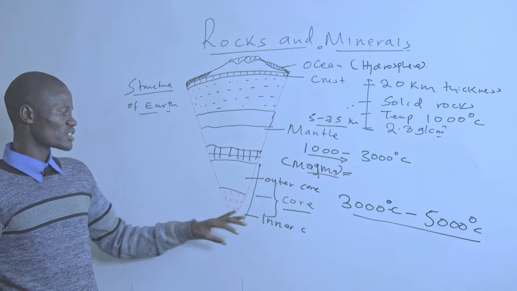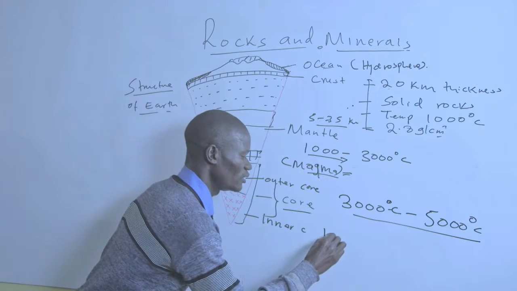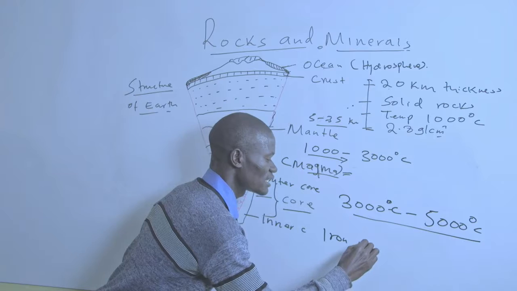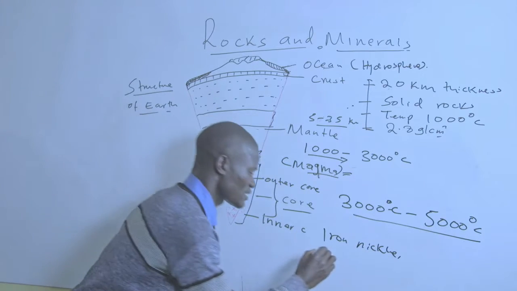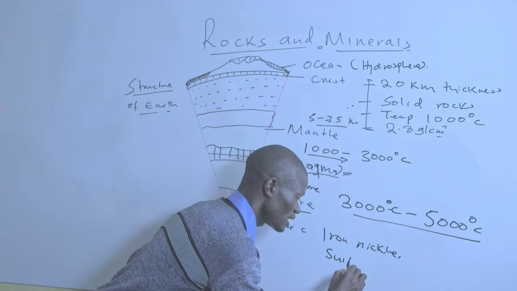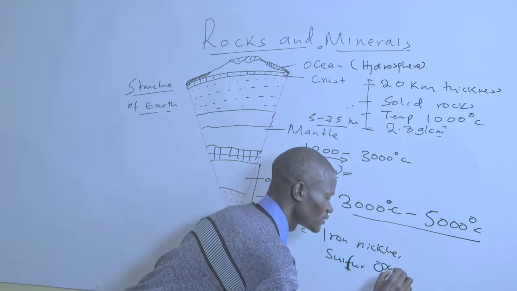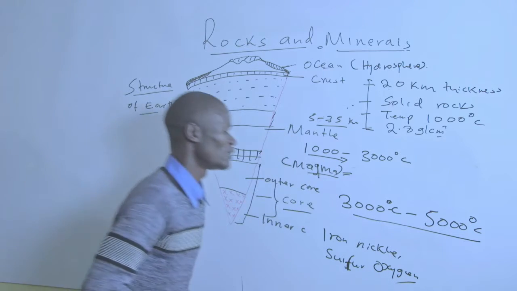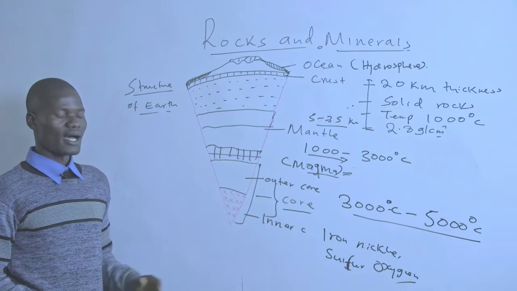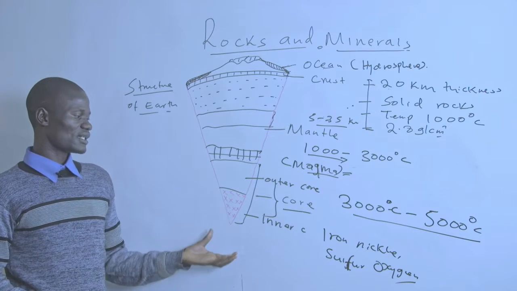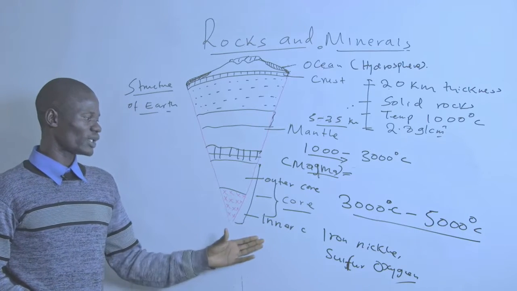And the inner core, because most of the minerals here are iron, nickel, and other elements such as sulfur and oxygen, which are highly prevalent in the inner core, this makes the inner core rigid, like a solid rock.